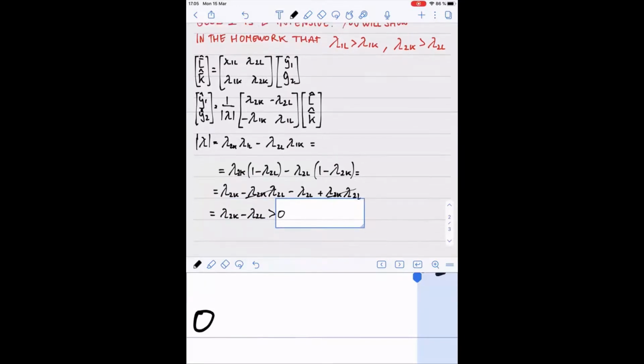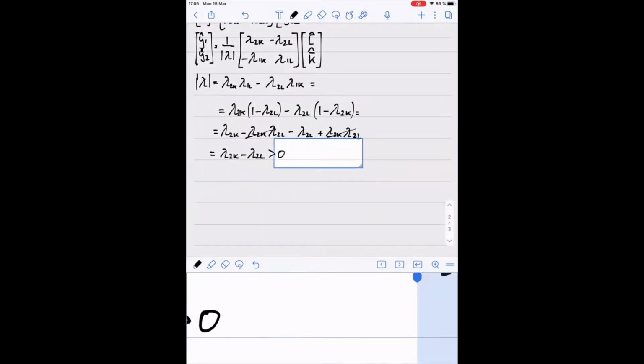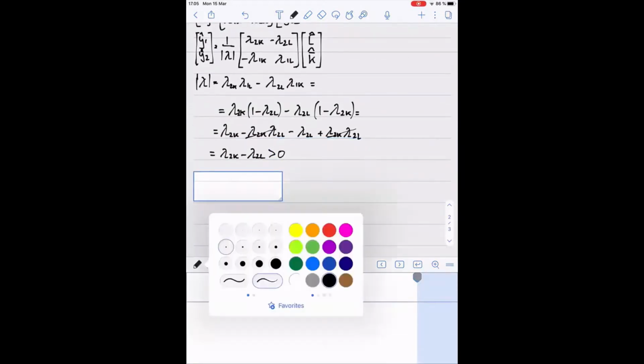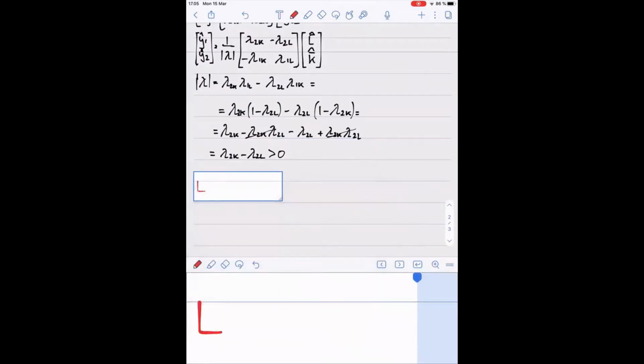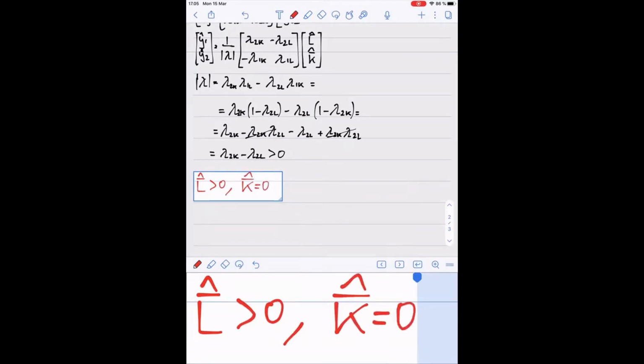Okay? Great. So now let's assume that L bar hat is positive and that K bar hat is equal to 0. Right, so there is an increase in the number of workers, but there's no change in the endowment of capital. What does that generate in terms of changes in output?